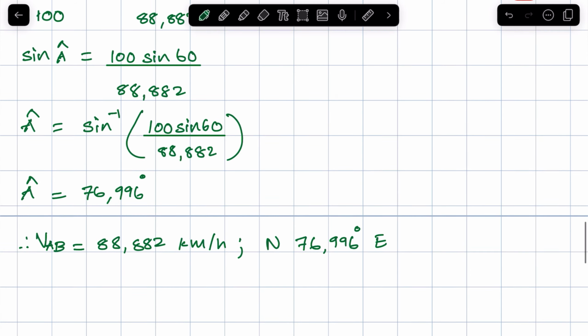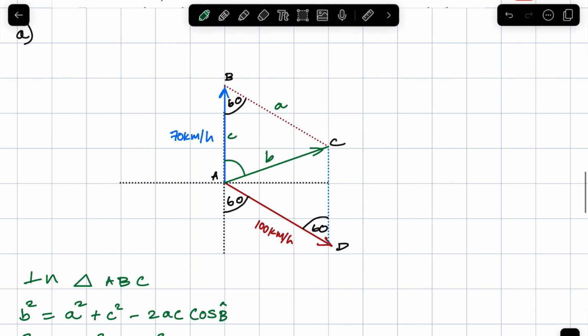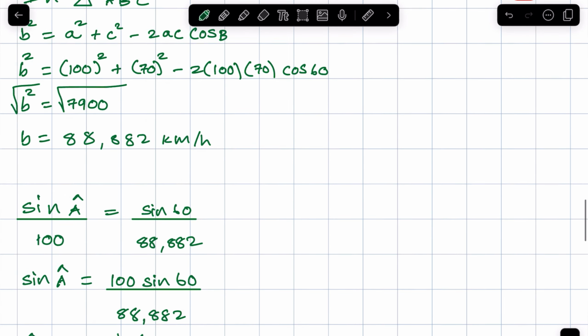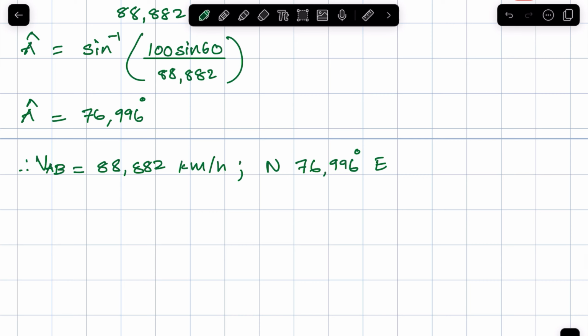Now if you used east as your reference, you would have to calculate this other angle.